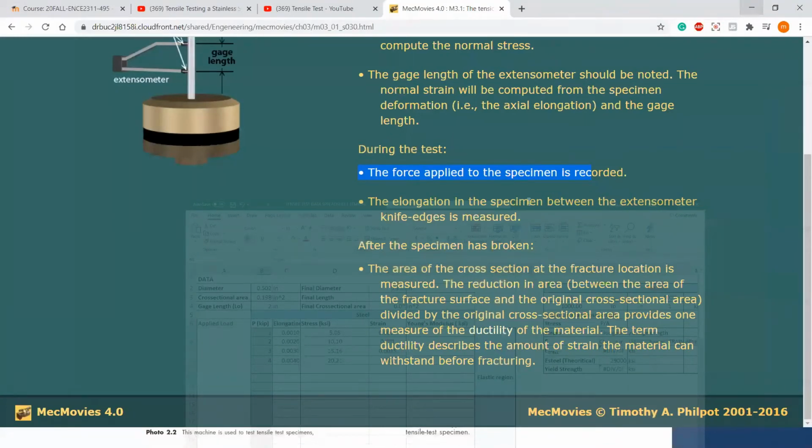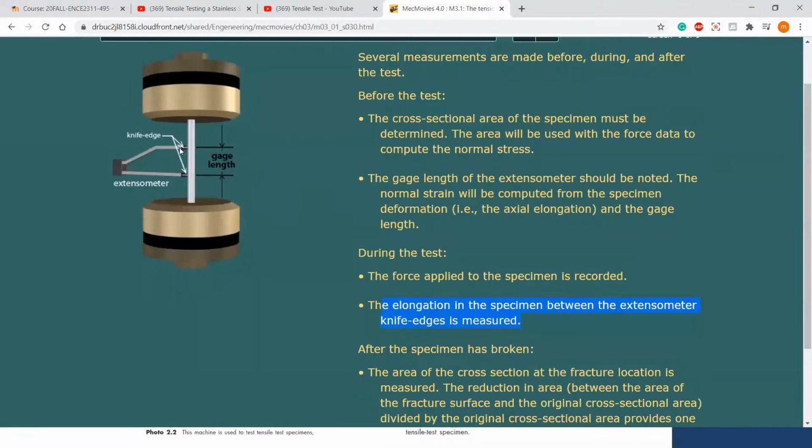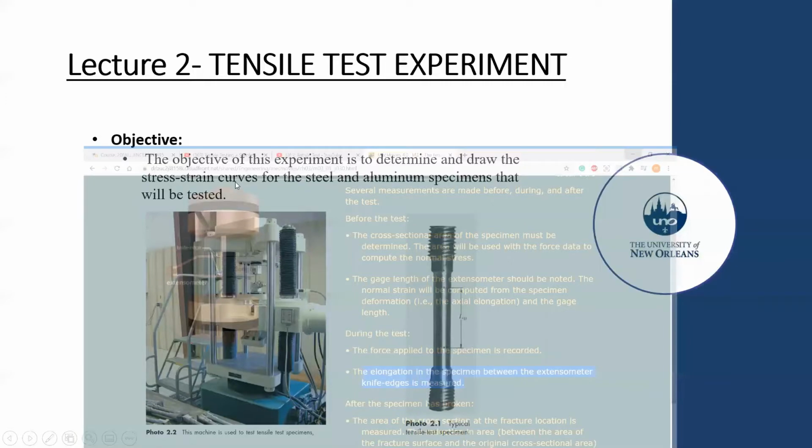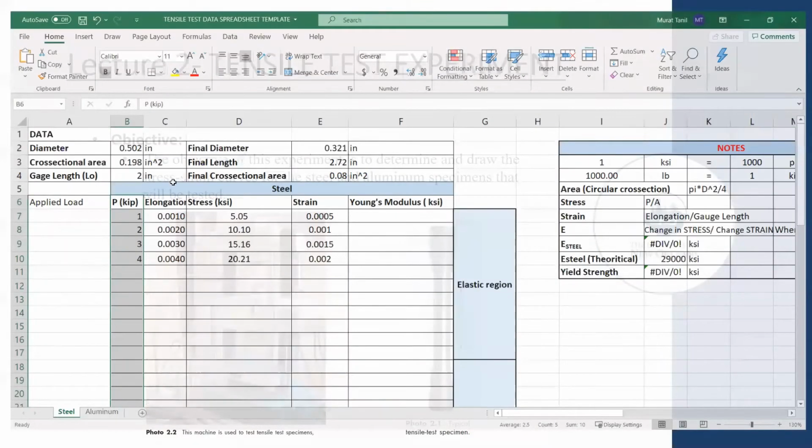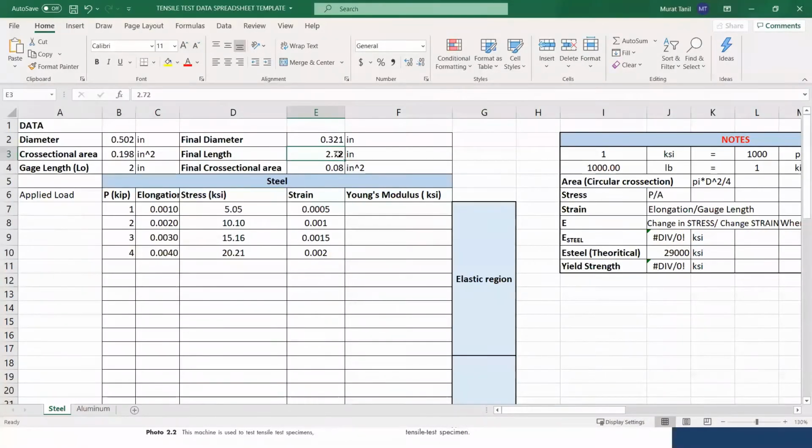So this elongation between the extensometer and knife edges is recorded. So we're going to start with a 2-inch gauge length. And in previous years, obviously this data was measured, I think, last semester. The specimen elongated 0.72 inches. So we got this length as well.